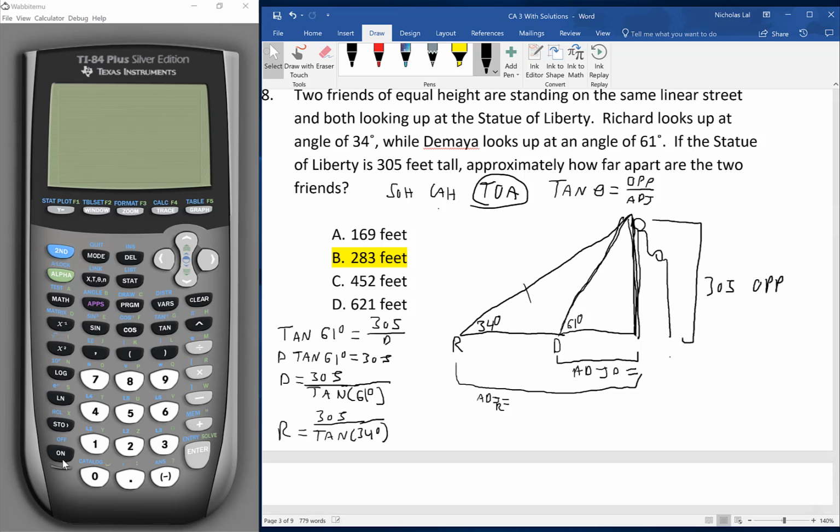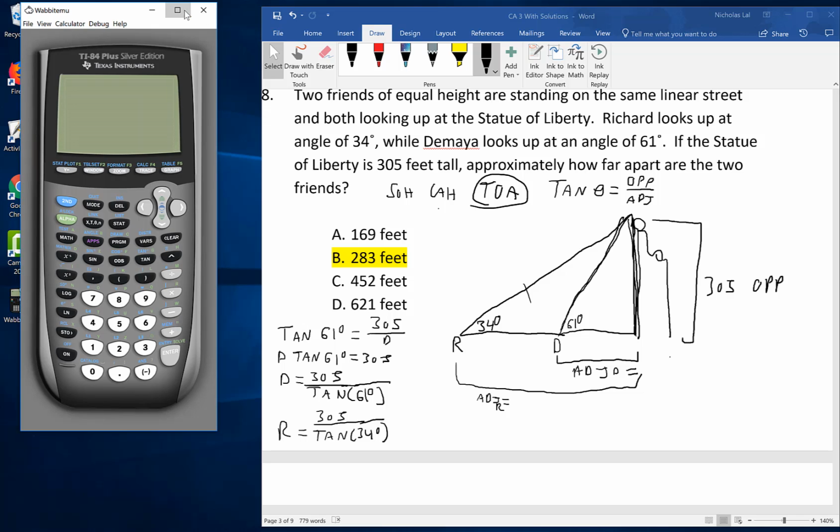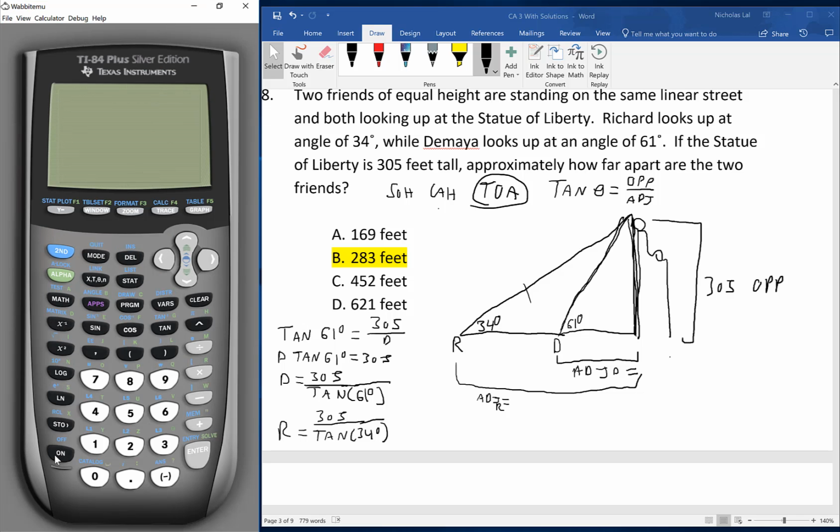So with our calculator, we can do the problem. 305 divided by the tangent of 34 degrees.